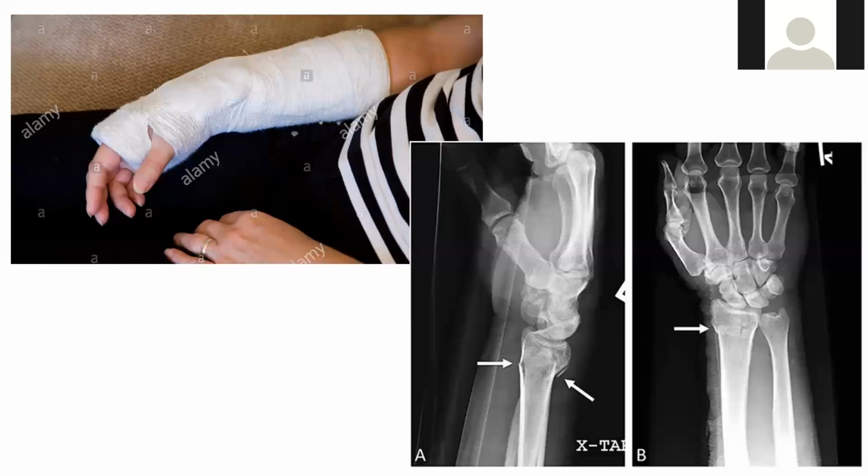For example, in the case of carpal tunnel, what is the area that people feel numb? You commonly ask that question from patients. The median three and a half fingers on the palm side.